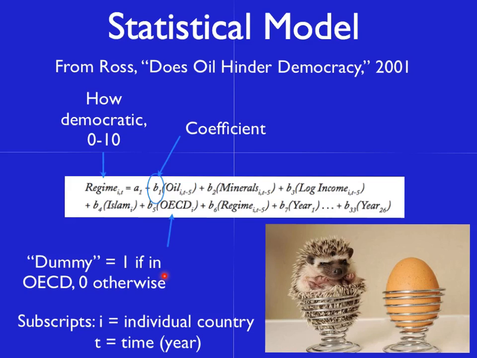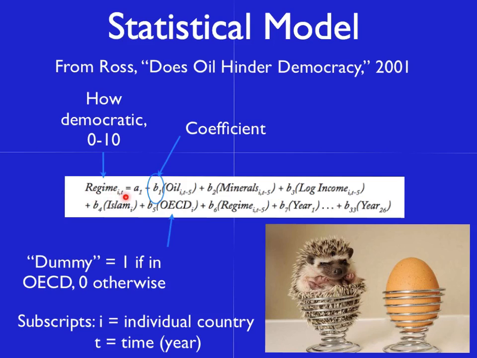It's slightly more complicated than a line, obviously, because there's many independent variables, but the basic idea is similar. Each independent variable will be measured. The computer will calculate a coefficient for it that allows the best possible prediction of regime.